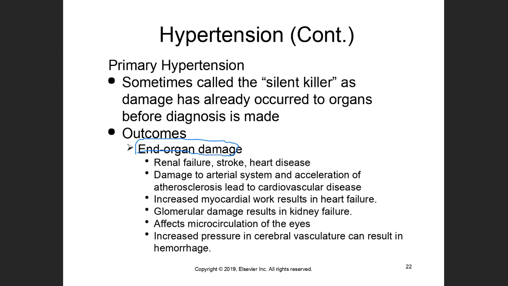You have headache, problems in the vision, the kidney, the heart. That's an emergency hypertension, and you have to give IV medication to the patient because you have to lower the blood pressure quickly.